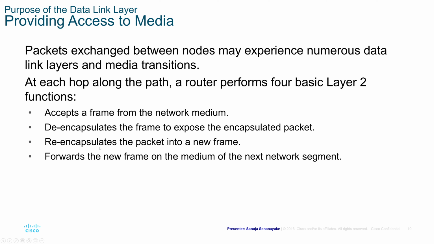Then it re-encapsulates the packet into a new frame, and forwards the new frame on the medium of the next network segment. These are the basic layer 2 functions that each router performs when a packet passes through, which is part of the data link layer process.